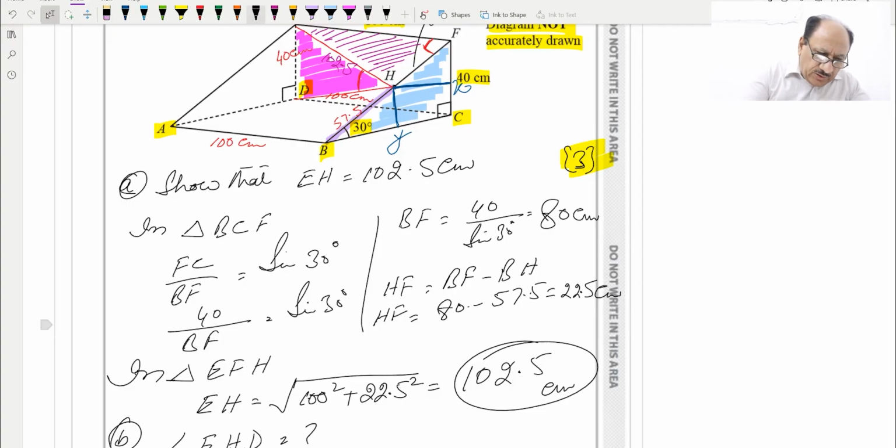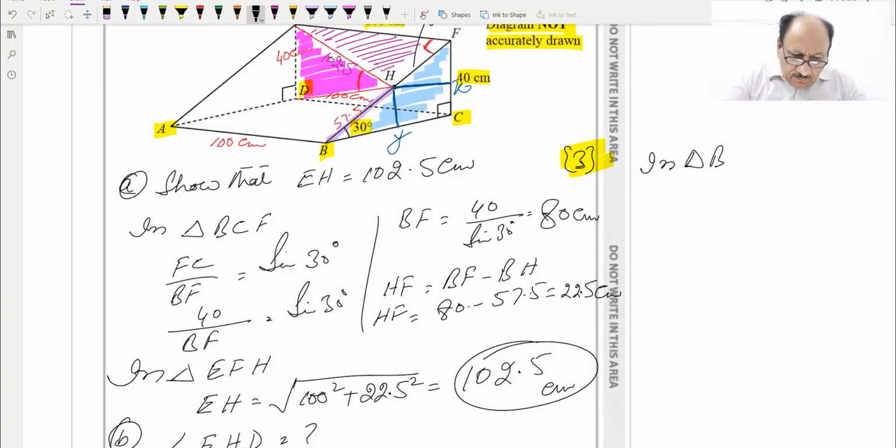So I will write here, and then I will shift to the proper place. In triangle HBY, which has the 30 degree angle.